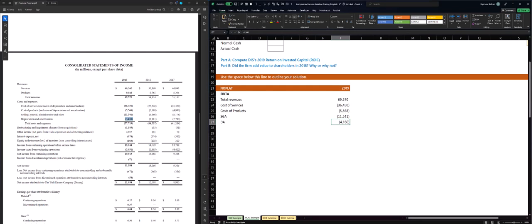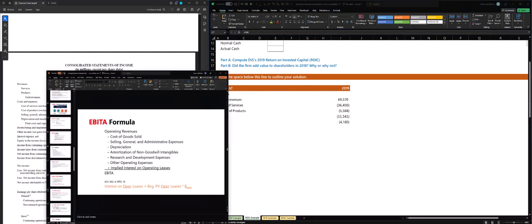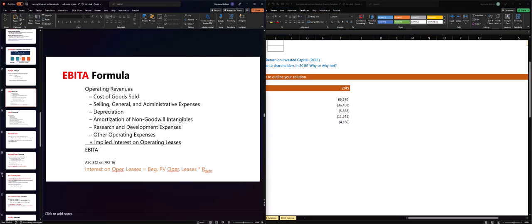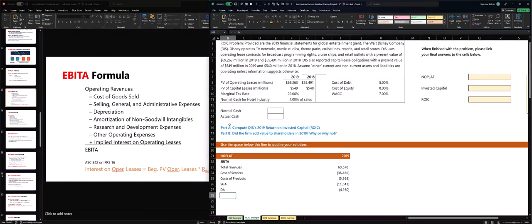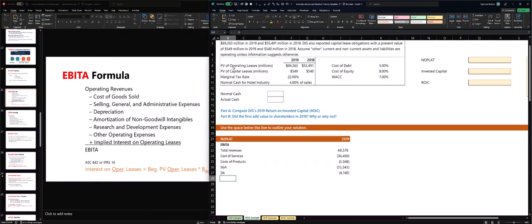And remember, when we calculated EBITDA, you have the implied interest on operating leases. So, what is our operating leases? So we use the before number, right? Because you need the previous number to get the interest expense times the cost of debt. Since the cost of operating leases is not provided, we're just going to use the cost of debt.